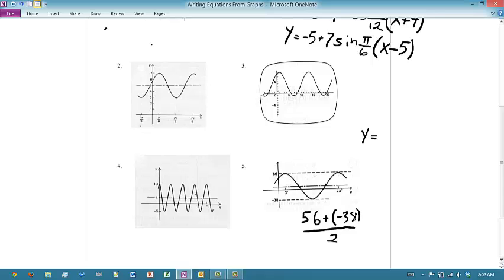So this little midline right here is at y equals 9. So we have shifted up 9 degrees, so it'll be y is equal to 9 plus, what's our amplitude? Well, our amplitude is going to be 56 minus 9. So 56 minus 9 is 47. So our amplitude is 47.